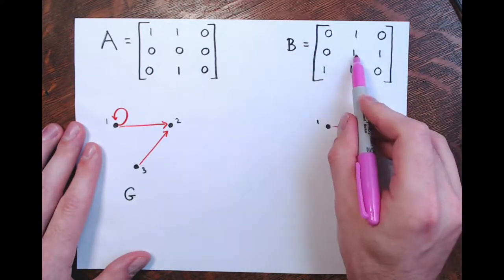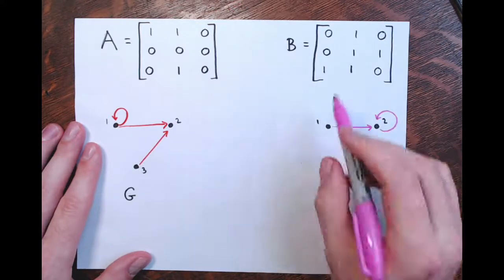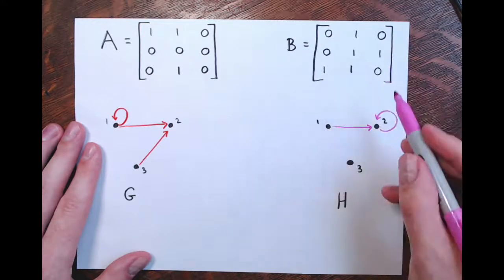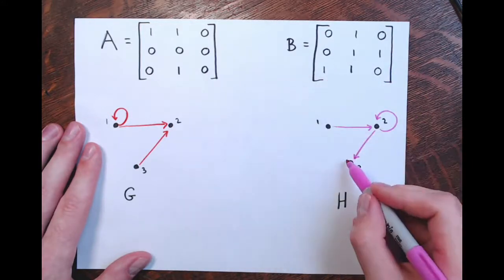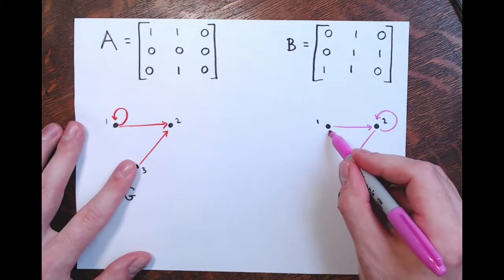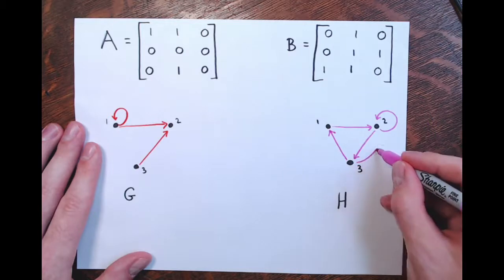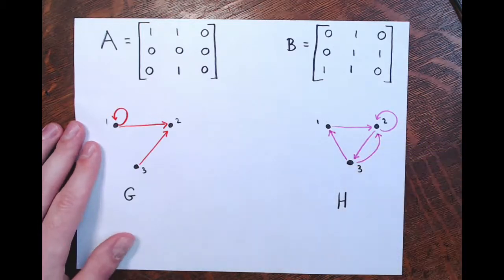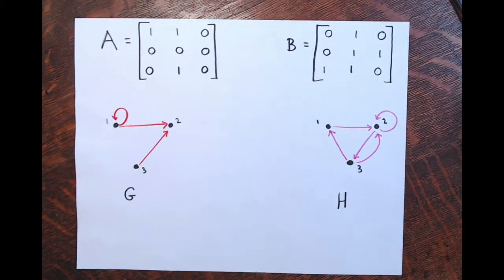Second row, second column, 2 to 2. Self loop. Second row, third column, 2 to 3. Third row, first column, 3 to 1. And third row, second column, 3 to 2. So there's the directed graph, I'm calling H, with that adjacency matrix.